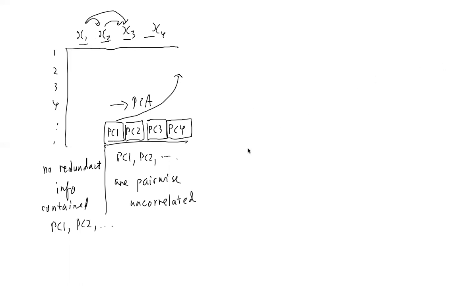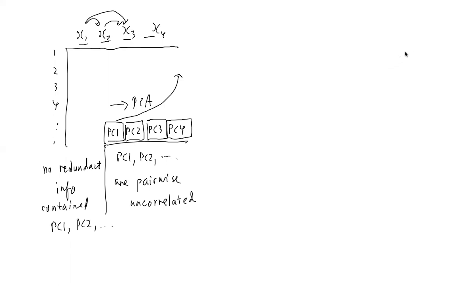So to do PCA there's no need to make the data uncorrelated. By doing PCA, you transform the data so that the newly transformed variables are uncorrelated with each other.